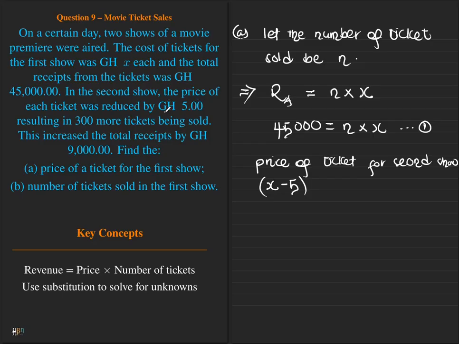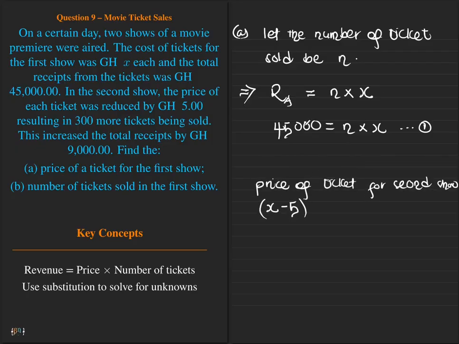Before we even proceed, right here we can determine how many tickets were sold, that is, making n the subject. We have n equal to 45,000 divided by x. So for the first show, this is the n that was sold.